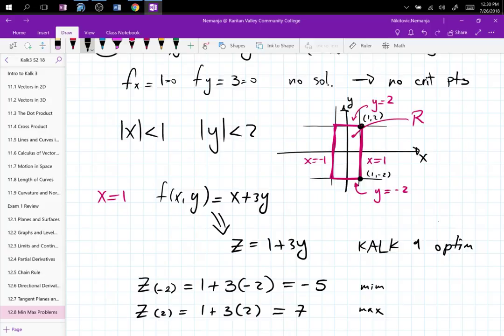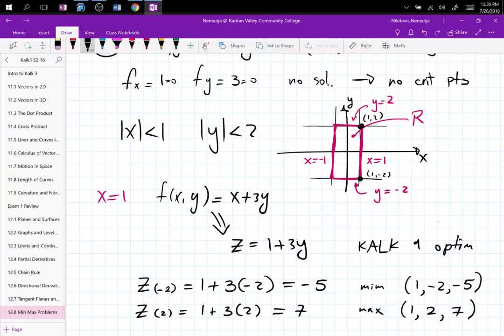From -2 to +2, length is 4. So if this is 4, you have the minimum point here, the maximum point there. This minimum point over here occurs at x equals 1, y equals -2, and z equals -5. The max value occurs at (1, 2, 7).